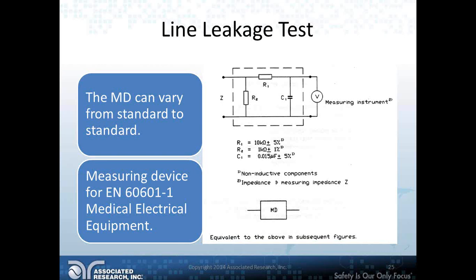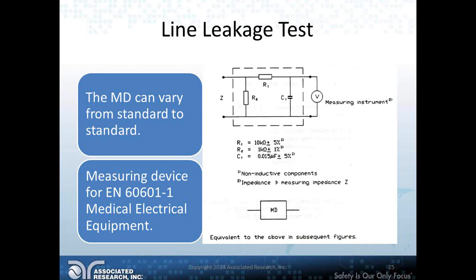Next, we're going to look at some of the patented Associated Research features and functions that are available in most of the Associated Research safety testers. We're going to start with the arc detection feature.